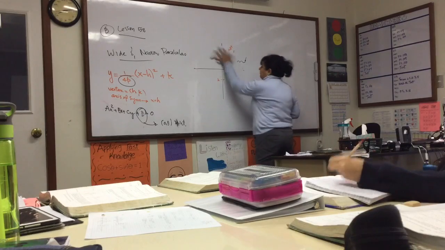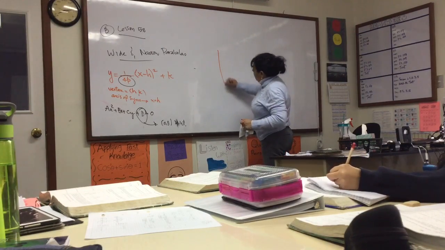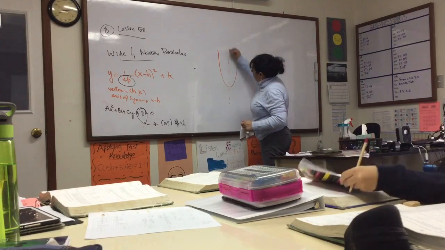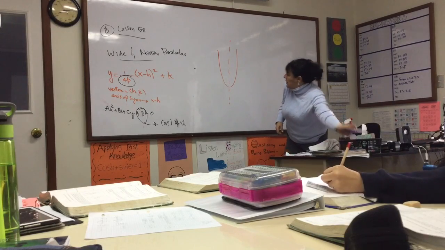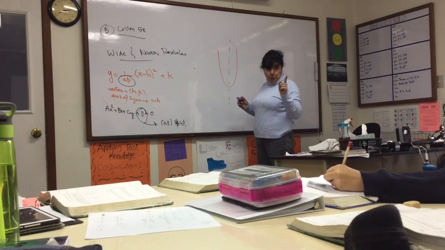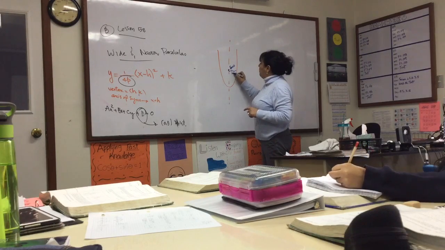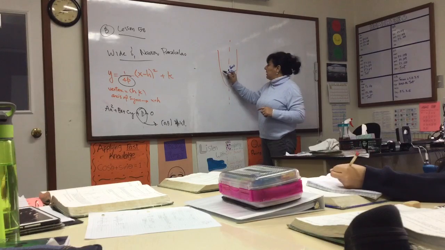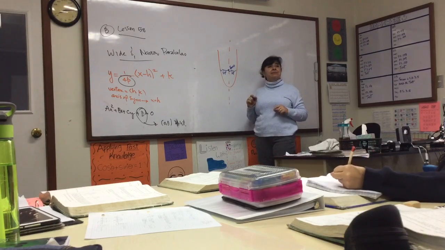Because parabolas, when drawn, have from the focus, which I will explain in a second, 2p this way and 2p the other way, hence the 4p.